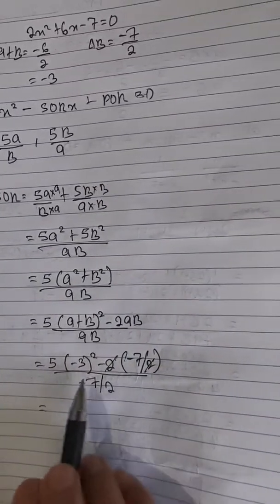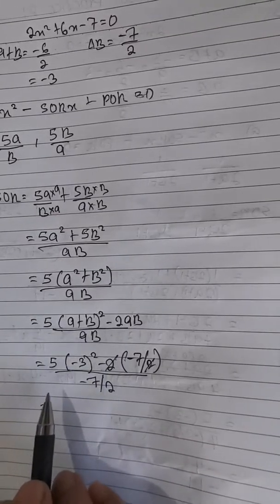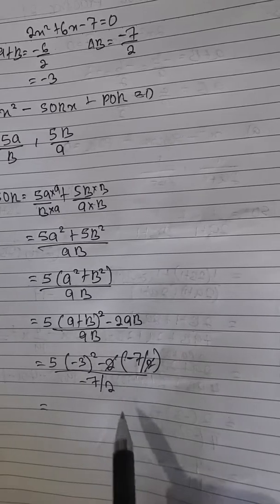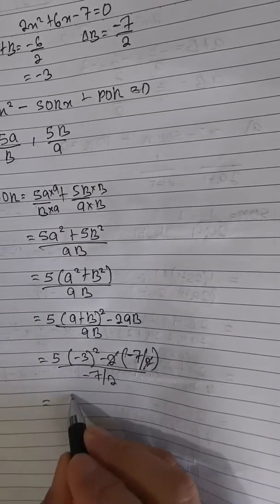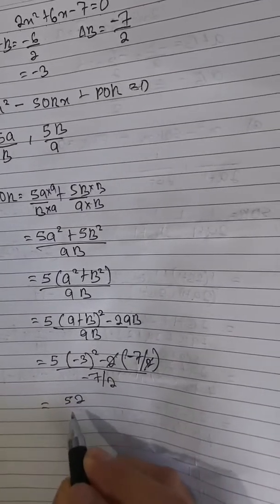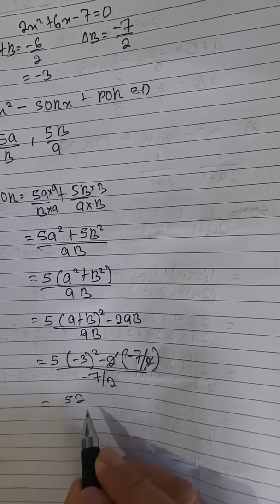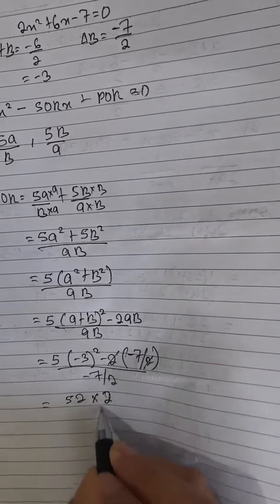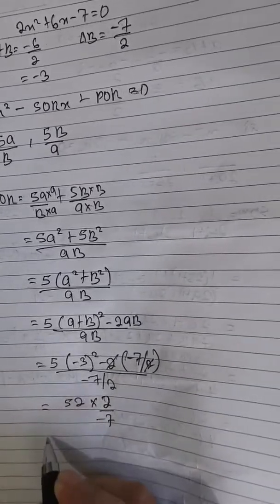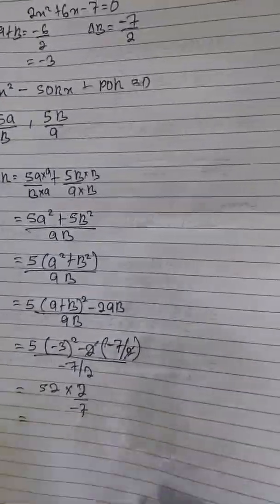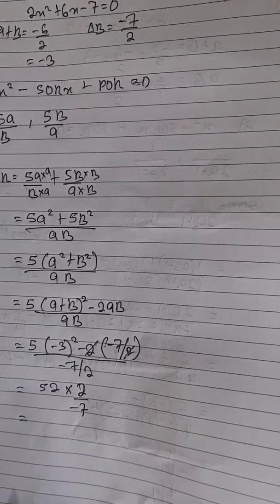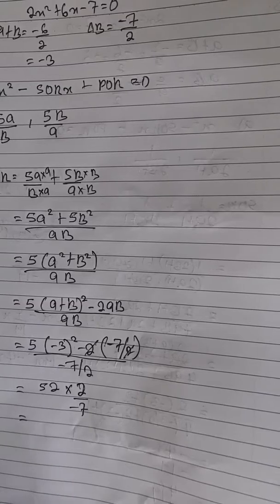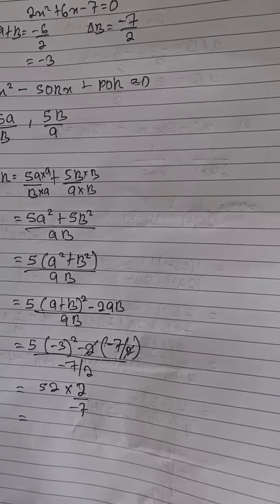So on the top, this is 9, 9 times 5, 45. 45 plus 7, so it will be 52. 52 divided by negative 7 over 2, so times 2 over negative 7.